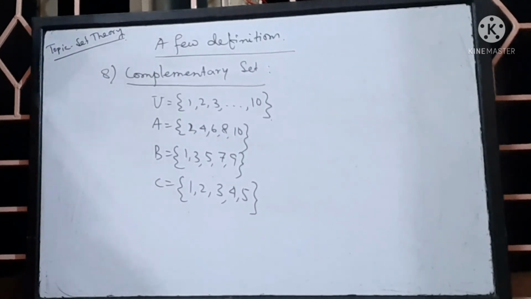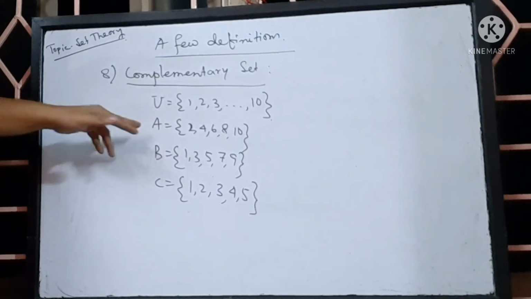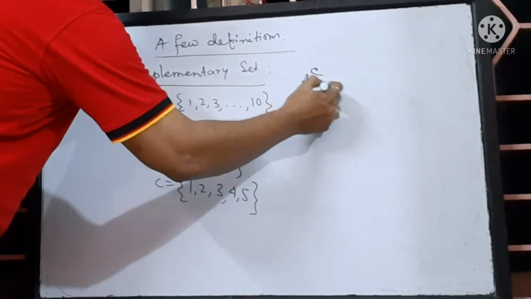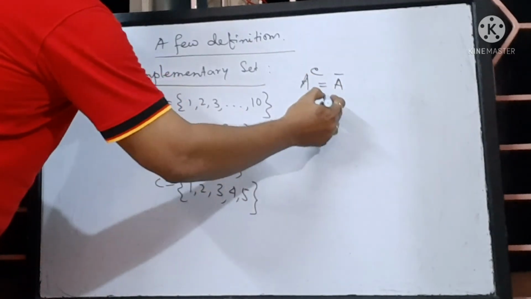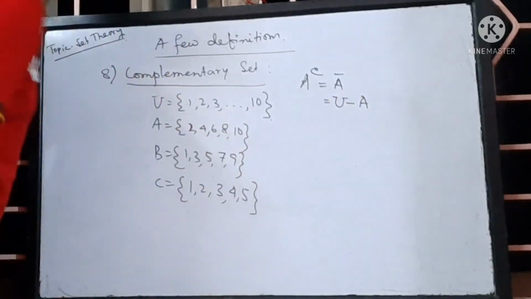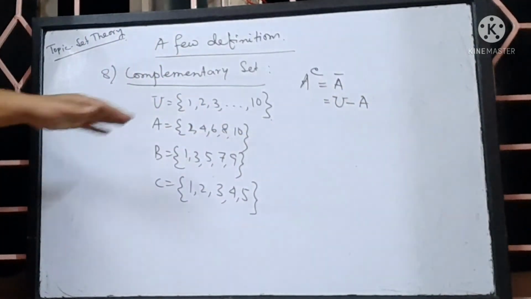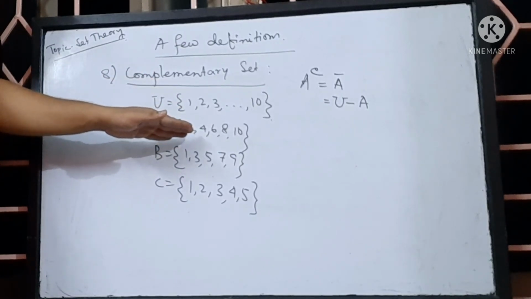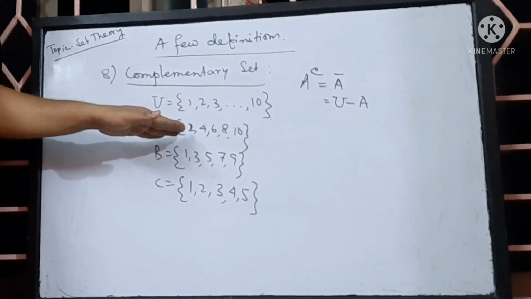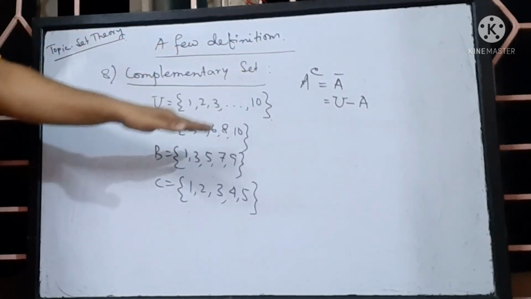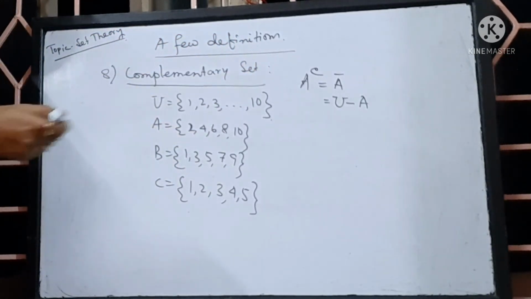Here the complement of the set A is represented by A^C or by A bar, which is equal to U minus the set A. Leave those elements from U which are in A, that is the A complement. So which is the A complement?